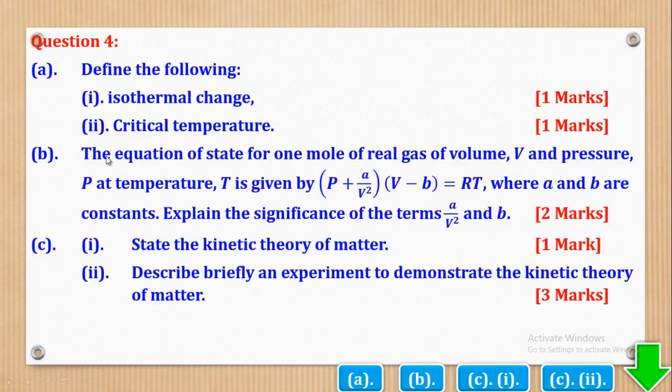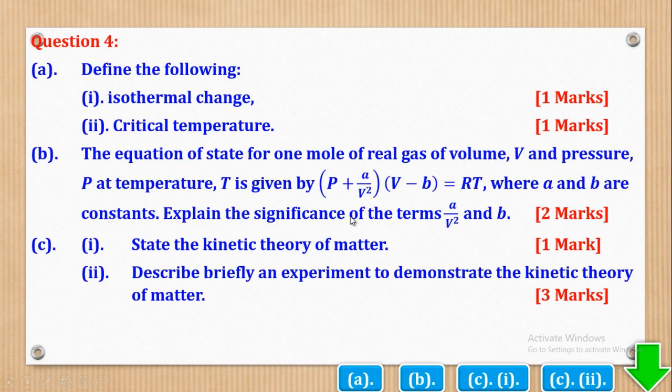So now we shall go to part B. So part B says the equation of state for 1 mole of a real gas of volume V and pressure P at temperature T is given by this expression, where A and B are constants.